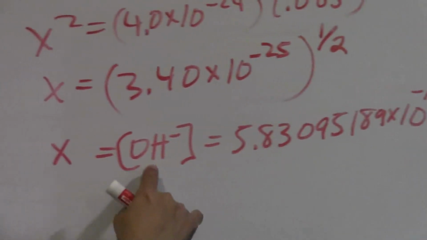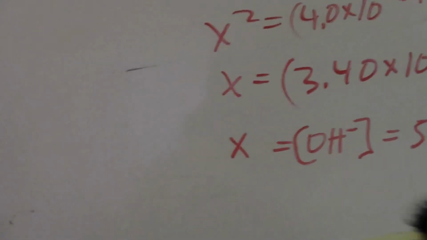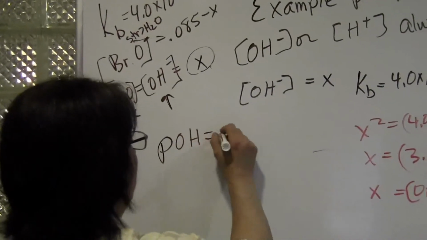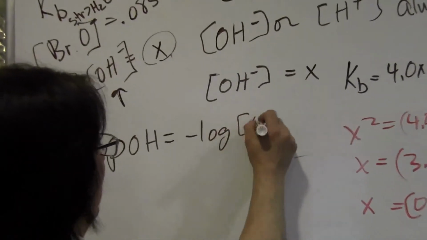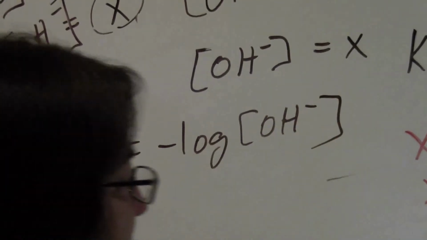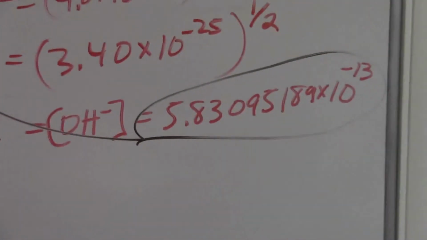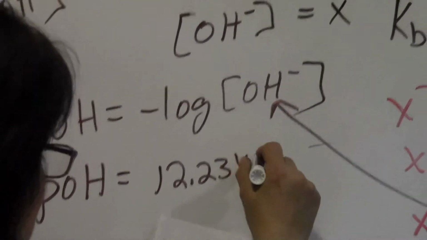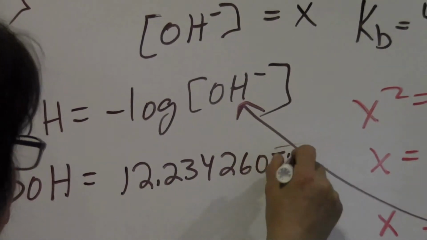Well, now that we have the OH concentration, we move to our second memorized formula for pH, and that's pOH equals minus log of OH minus. And when we plug this number in for OH minus, we end up with a pOH of 12.23426054.